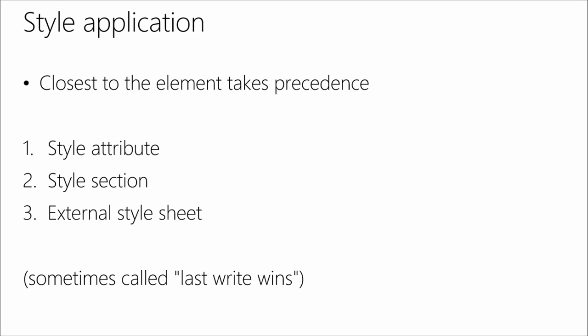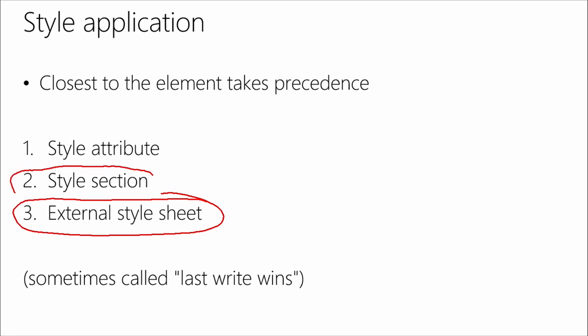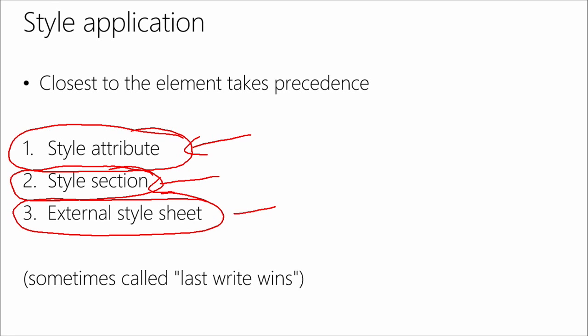It's going to apply first, we'll do it that way, the external style sheet. Then it's going to apply the style section, and then it's going to apply the style attribute. Or if you like to be kind of a more positive person, then the style attribute takes precedence, and then it's the style section, and then it's the external style sheet.